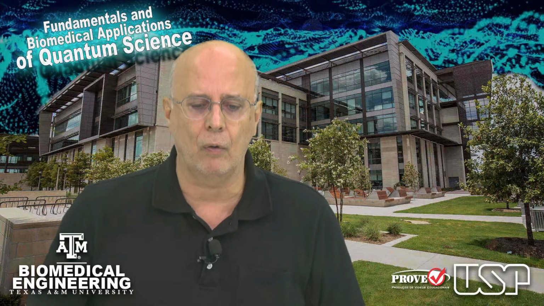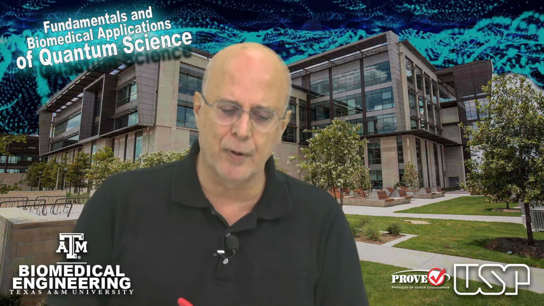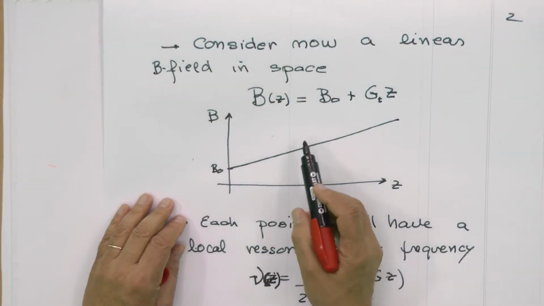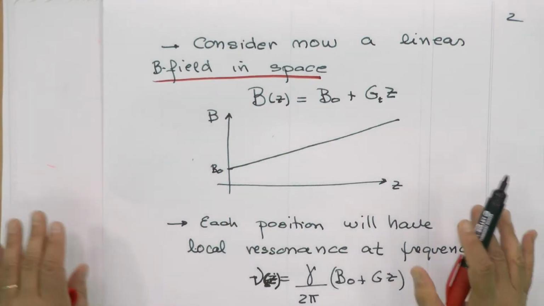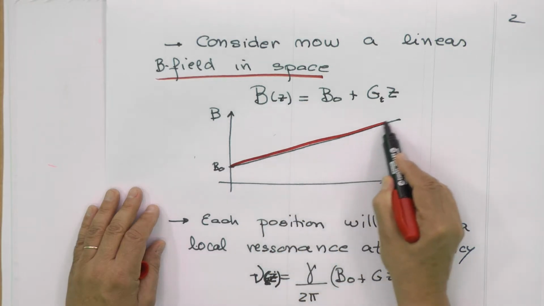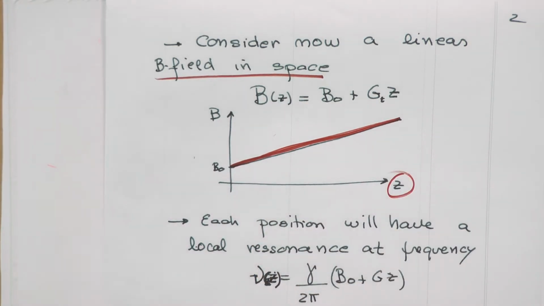Let me explain in a little more detail what we're doing. Let's imagine that I produce a linear field, a constant gradient field in space. This is the space, and I produce a field that grows linearly with the space, along the coordinate z.